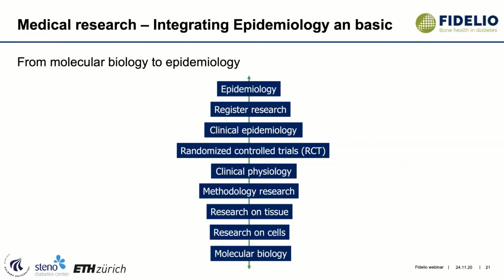Certain very rare events can only be captured if you have very large samples that are not feasible with, say, a randomized controlled trial, or there may be some subgroups that you're not able to study, say, differences between men and women, old and young, and so on. So this leads up through the picture through clinical epidemiology, register research, through epidemiology, and as my old teacher once said, you can continue all the way up through the universe and to the edge of that, but let's leave it with what's practical at the moment.